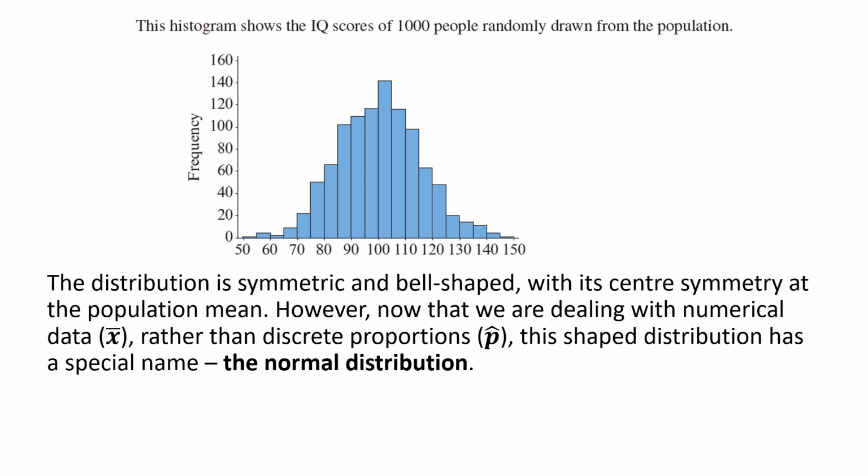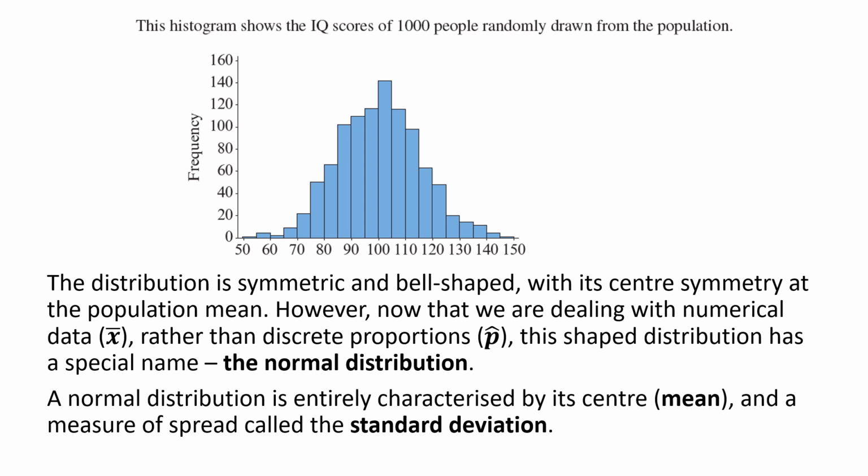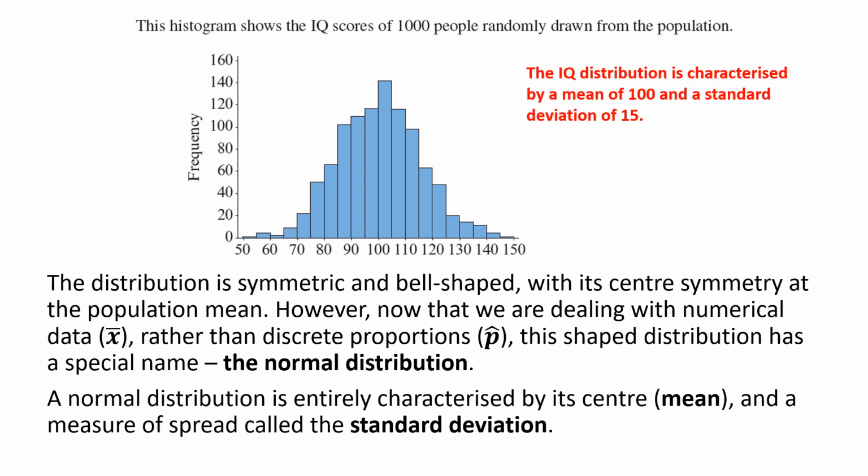And in fact, the IQ test is designed to have a center of 100 and a standard deviation of 15. So 15 above, 15 below. So from 85 to 115 covers 68% of people, and so on and so forth. If your IQ is 115, you're in the top 16%.